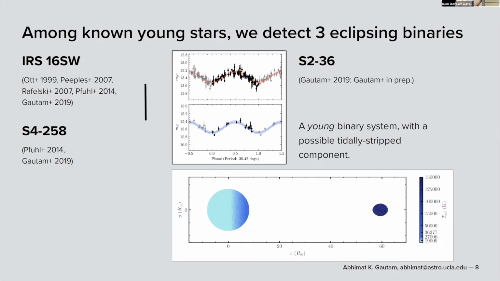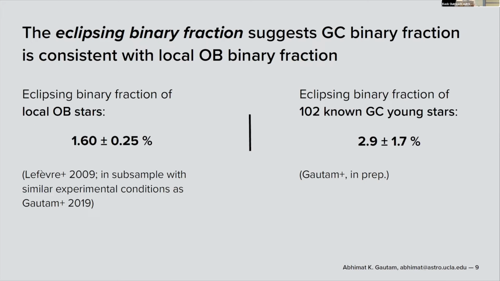So in the sample, we detect 3 eclipsing binaries. And when we take the eclipsing binary fraction, which is just calculating what fraction of the stars are in eclipsing binary systems, we find that it's consistent with the local OB binary fractions. For the local OB stars, it's about 1.6% eclipsing binary fraction.